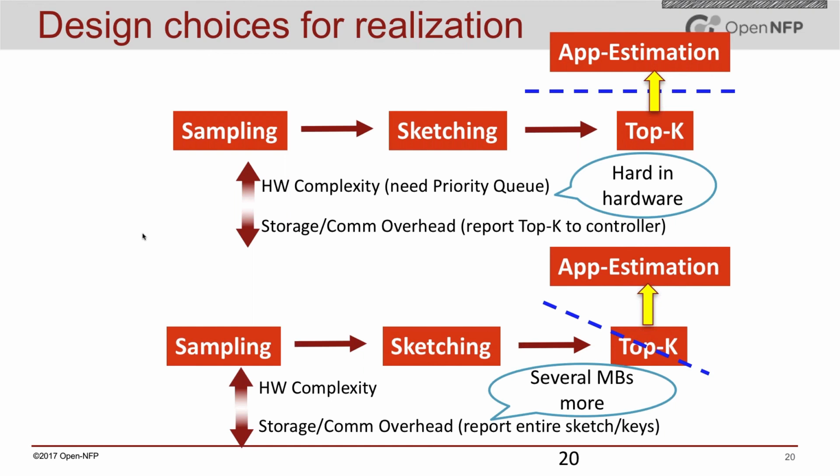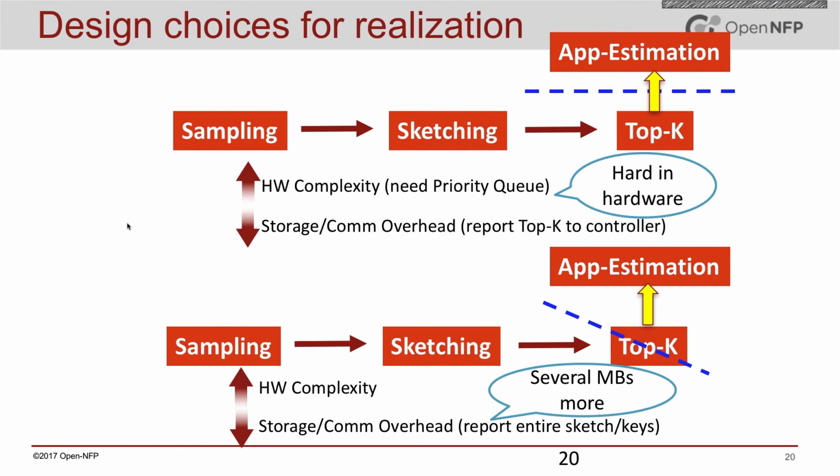We did have a design choice that we needed to make here. The design choice was the following: should we implement the top K stage in the data plane, or should we defer that to the control plane? The trade-off here is that implementing something like top K needs a priority queue implementation in the data plane, which we speculate might be hard in hardware, though it might be wrong. On the plus side, the storage and communication overhead is small because you only need to report the top K to the controller.